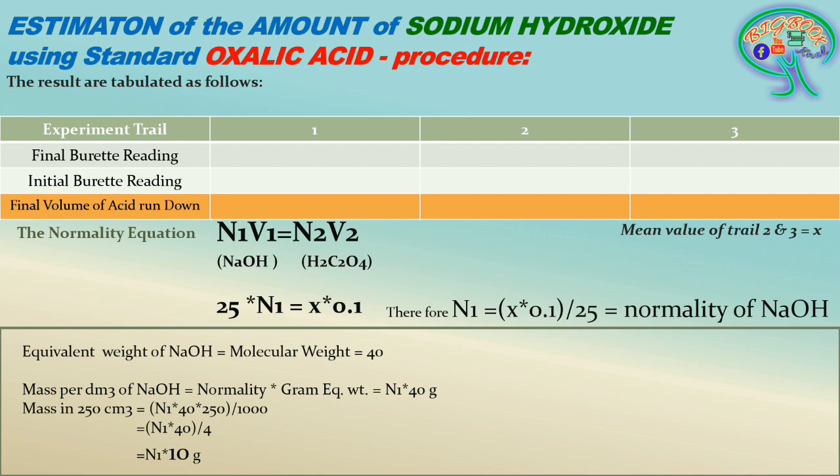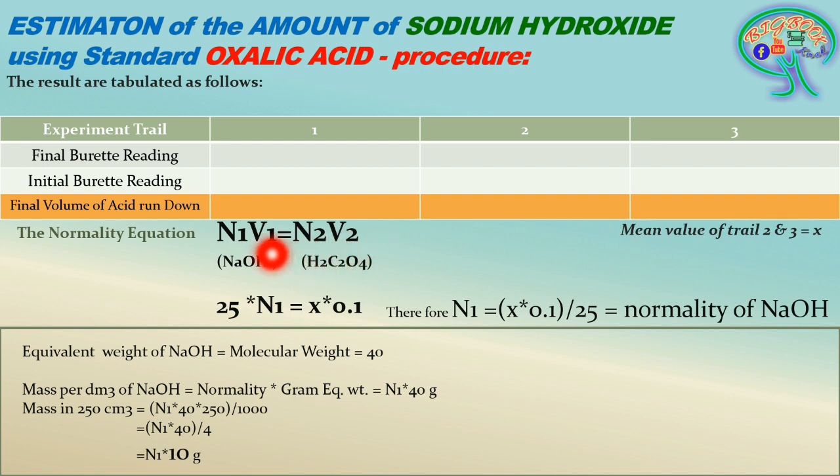So here further, after getting this volume rundown, we are going to take an equation which is called the normality equation, which is going to be like this, that is N1V1 is equal to N2V2. At the left we mention 1 as the subscript, N1 V1, and at the right N2 V2, with 2 as the subscript.